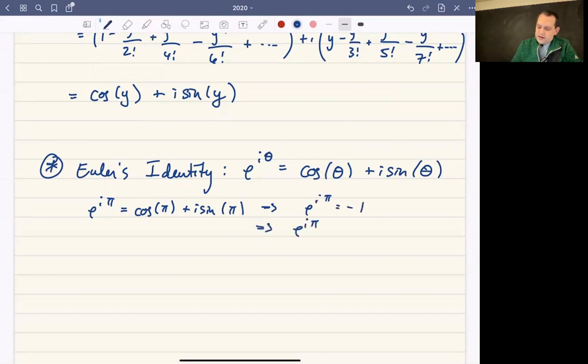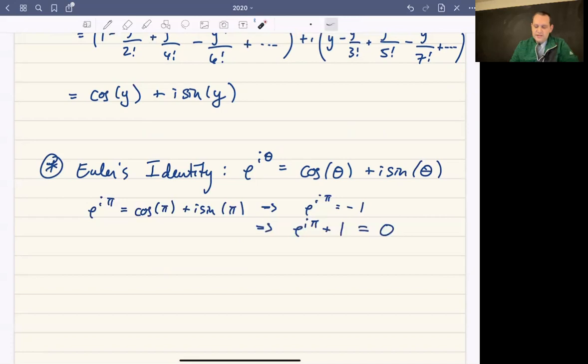People get very excited, I think a little too excited, about this equation, e to the i pi plus 1 equals 0, because it ties together the five most fundamental numbers in all of math. You have Euler's number, which is crucial for calculus, i, which is crucial for complex analysis, pi, which is crucial for geometry, and then of course 1 and 0, which are important in and of themselves, 1 being the multiplicative identity and 0 being the additive identity in the reals.